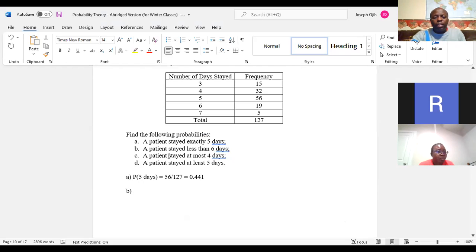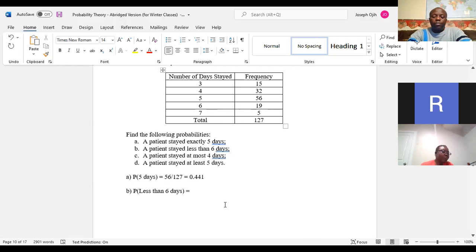How about this one? The patient stayed less than 6 days. Look at 6 days right here, 19. But it says less than that, so we can't count the 6 days.